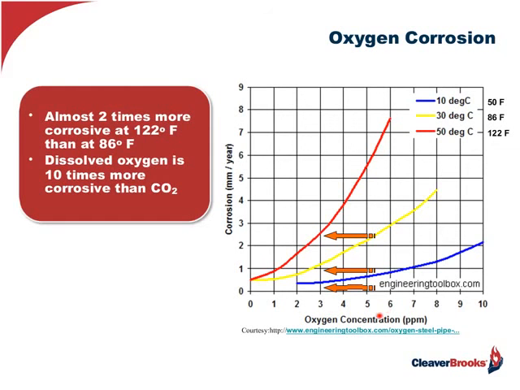So at 50 degrees, 86 degrees, and 122 degrees, you can see at 3% O2, 3% oxygen, how the corrosion increases with temperature. Also keep in mind that dissolved oxygen is 10 times more corrosive than carbon dioxide.